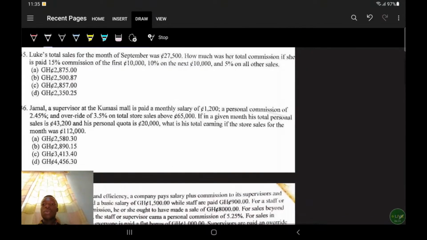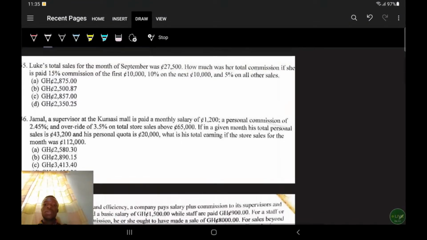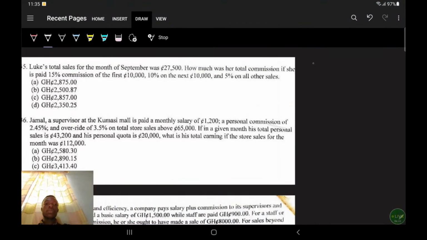So now we have the total sales. The total sales X is equal to 27,500. I hope that is clear. You are also given different rates to be paid at these different levels of output. So our total commission is going to be 15% on the first 10,000.